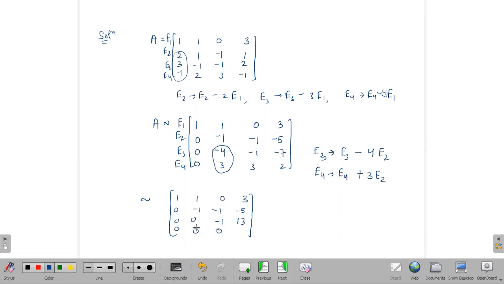Ma'am, instead of minus 1, won't 3 come there? Yes. It should be 3. Minus 1 plus 4, it will be 3. So here it will be 0, because 3 minus 3 will be 0. And here it will be 2 minus 15. So it is minus 30. So this is U.